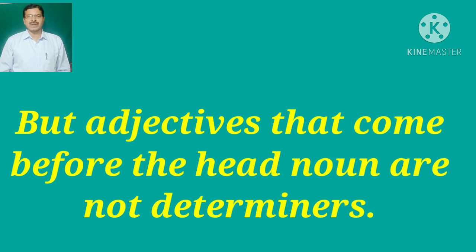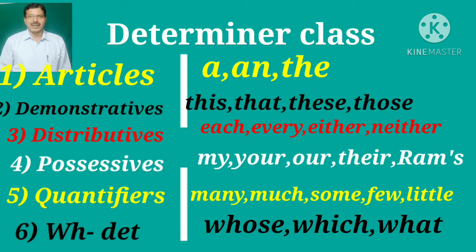Let's now discuss the classes of determiners. There are 6 classes of determiners in English. They are as follows. Number 1, articles: a, an, the. Demonstratives: this, that, these, those.